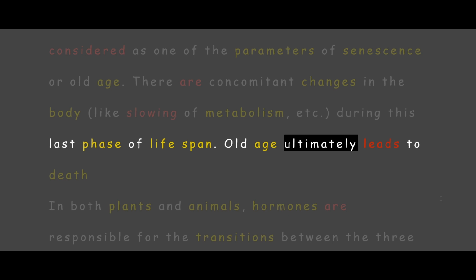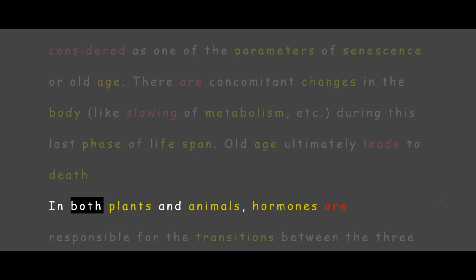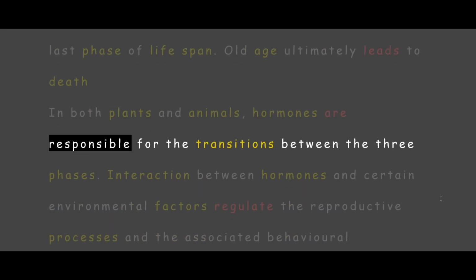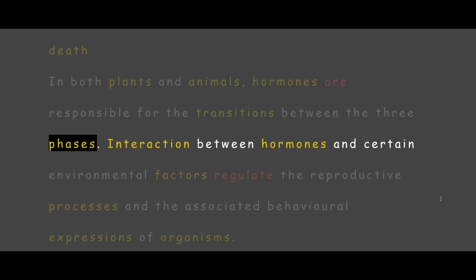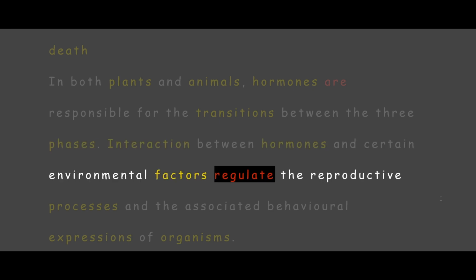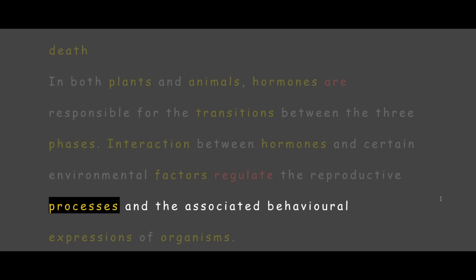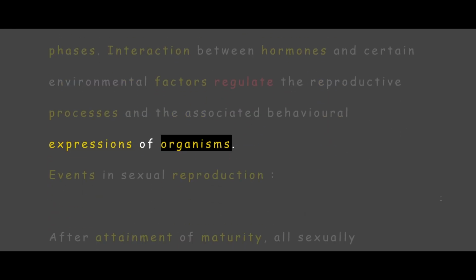Old age ultimately leads to death. In both plants and animals, hormones are responsible for the transitions between the three phases. Interaction between hormones and certain environmental factors regulate the reproductive processes and the associated behavioral expressions of organisms.